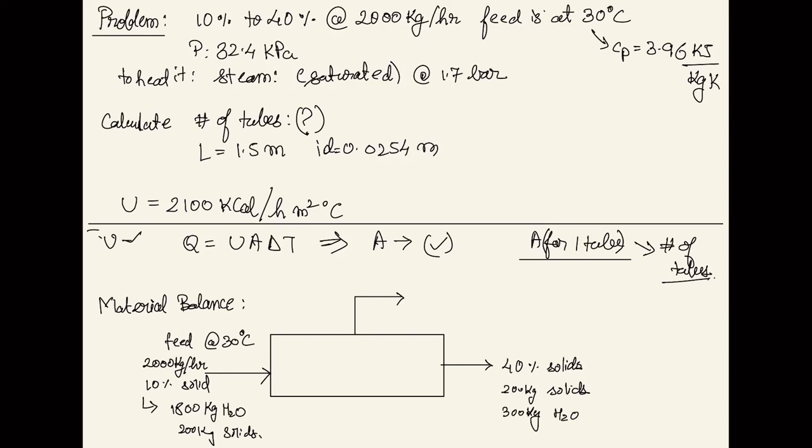We had 1800 kg of water in the feed, and 300 kg is going here, so 1500 kg of water is getting evaporated out. This is the material balance.